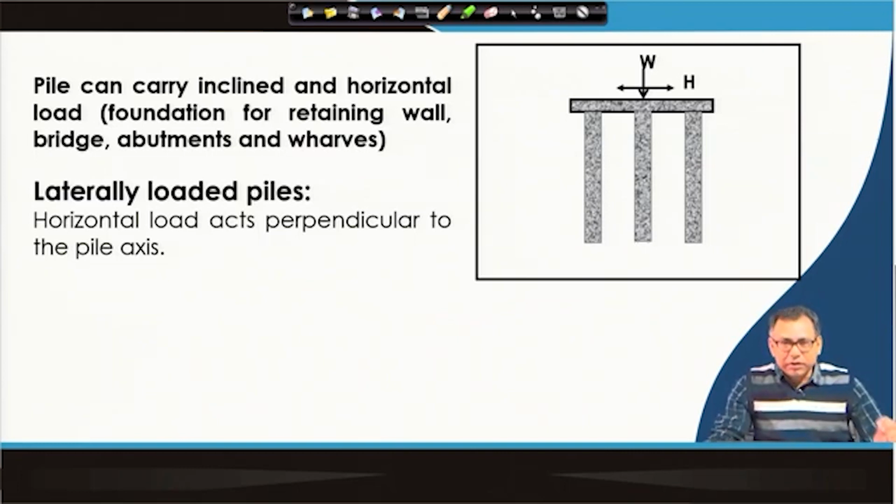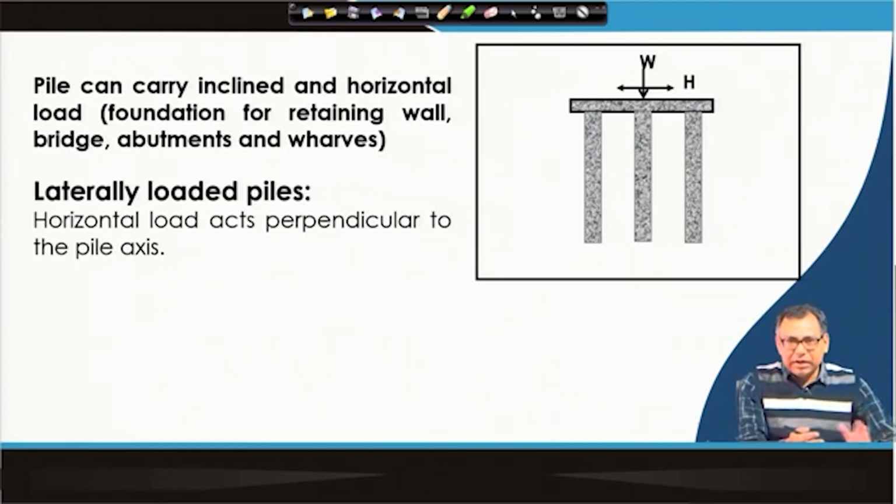Now, if the horizontal load acts perpendicular to the pile axis, I mean if this is the vertical pile axis and it is acting perpendicular to that pile axis, then that type of load is called lateral load, and that type of pile is called lateral loaded pile.